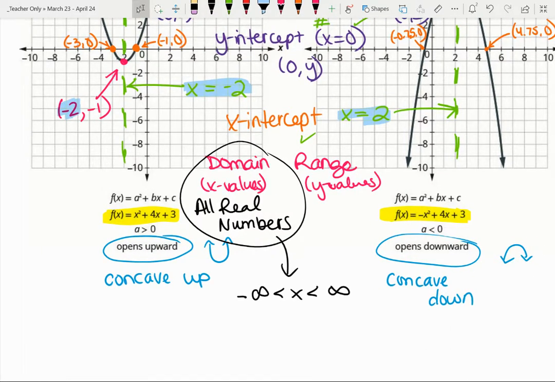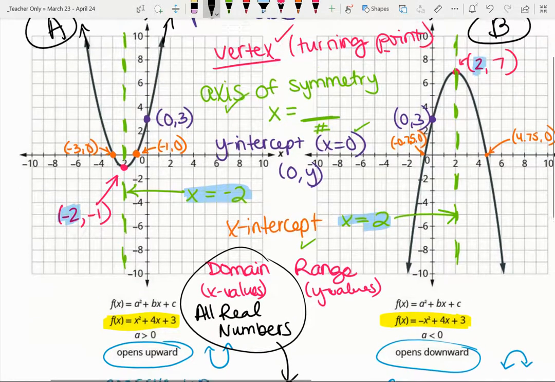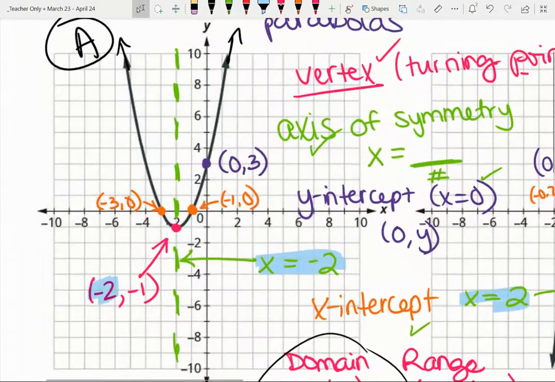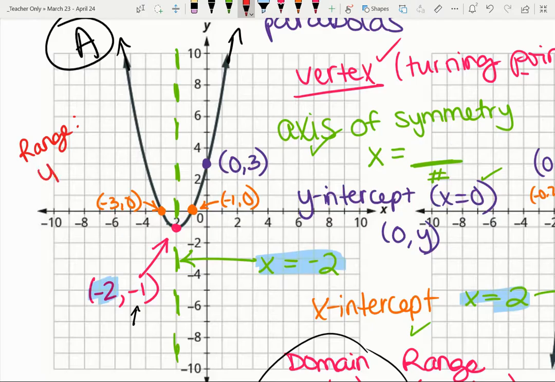And then our range depends on whether our graph opens up or whether our graph opens down. So for instance, graph A opens upward, and all of those y values, the lowest y value is at our vertex, (-2, -1). And so our range here is going to be all the y values that are greater than or equal to -1, because it reaches -1, but it never goes below that.